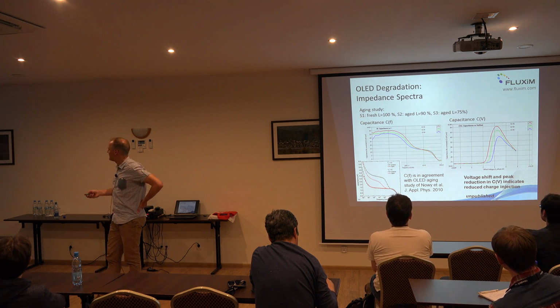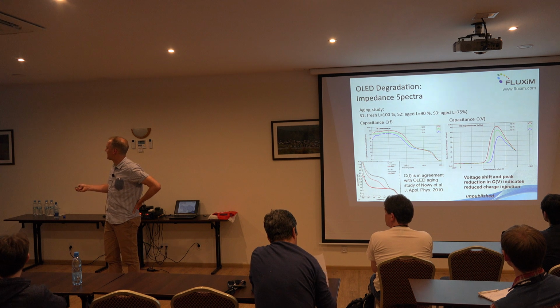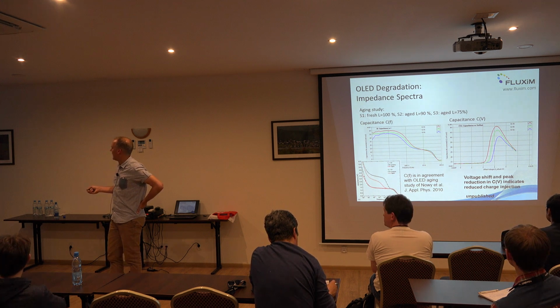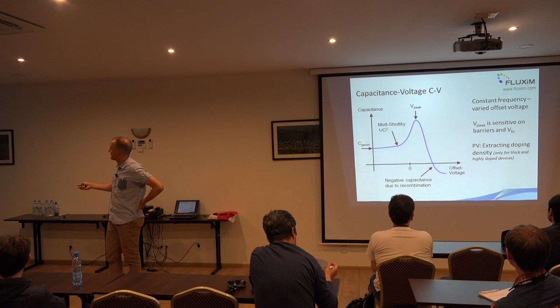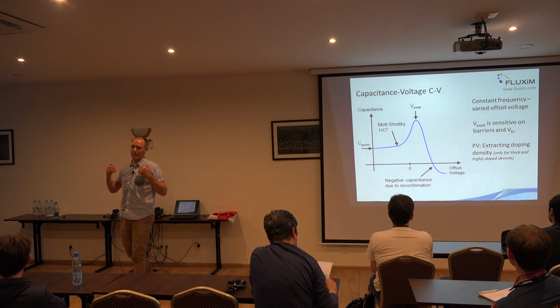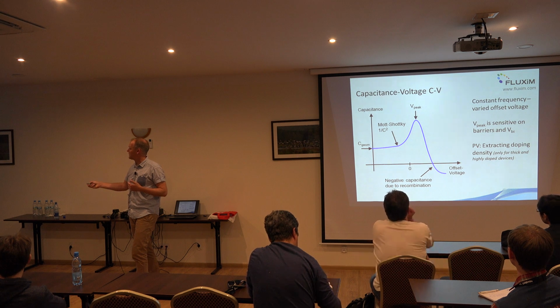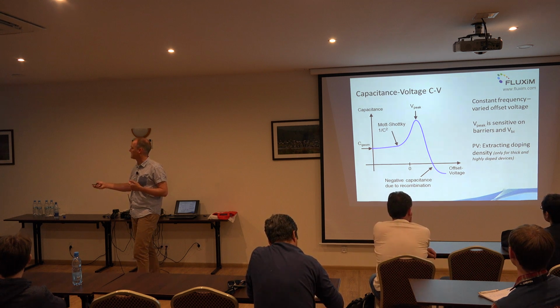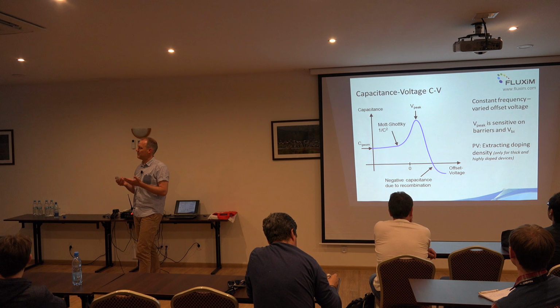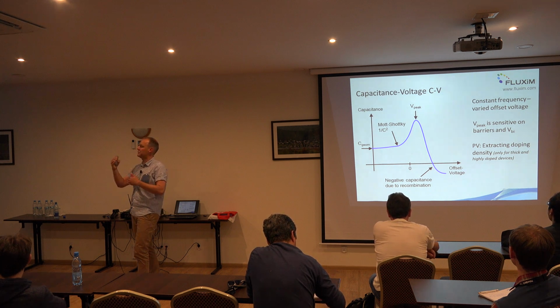For instance, here we see the capacitance-voltage curve, which I just mentioned before, where the peak position is related to overcoming the built-in potential. So if the peak shifts on the voltage axis, it's a sign that the injection barriers have increased.